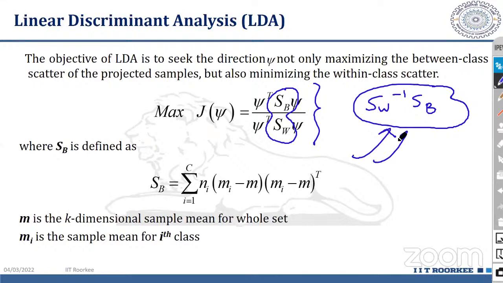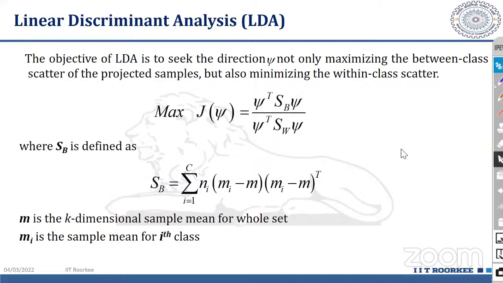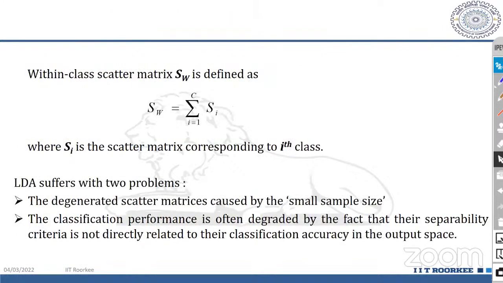Also, you know how to compute SB and how to compute SW; we have done those things. I'll share the slide and you can go through how you compute SB and SW. S1, S2 are all the matrices that we had seen. All right, so this is called LDA.